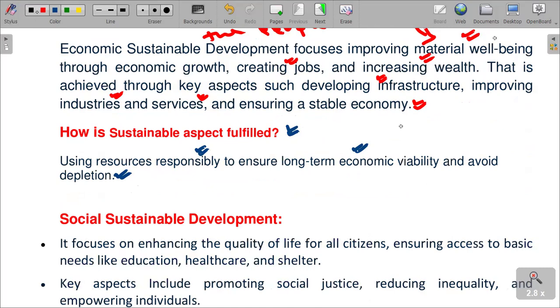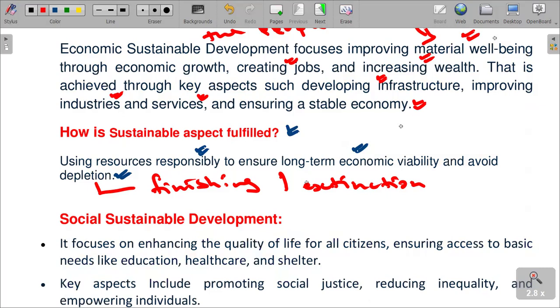So this depletion, we are talking about finishing. We can talk about either extinction, depletion, which is one and the same thing. So when we achieve that, we are consciously focusing on sustainable development, responsible use of resources to ensure long-term economic viability.